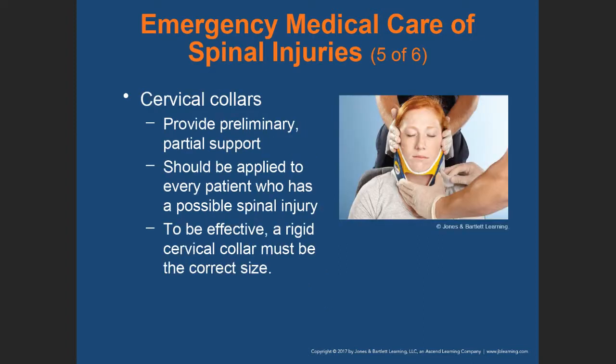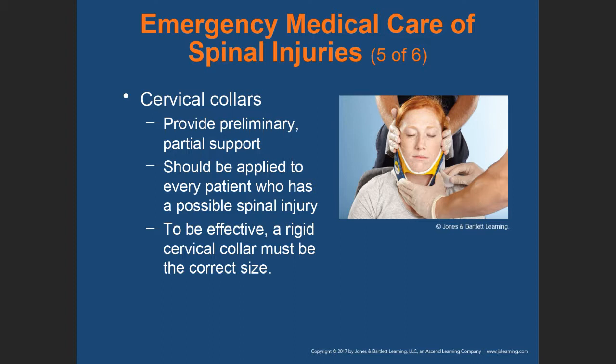Cervical collars provide preliminary partial support and should be applied to every patient who has a possible spinal injury. To be effective, a rigid cervical collar must be the correct size. So you have to size it properly, and that will restrict motion in the cervical spine.